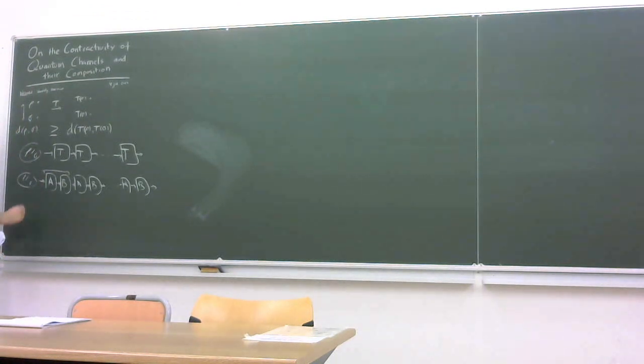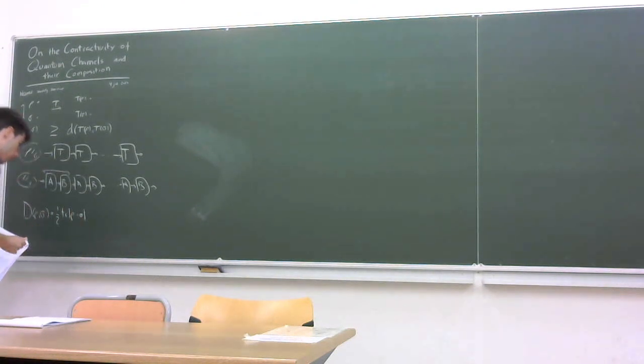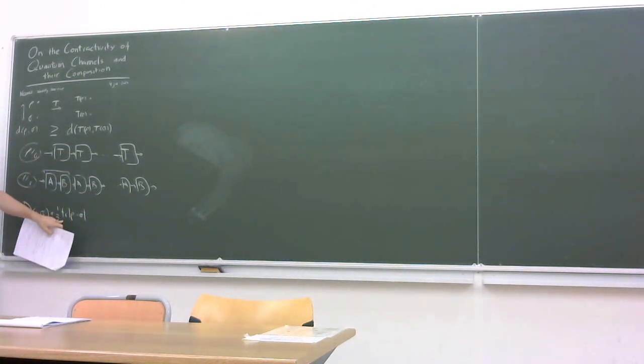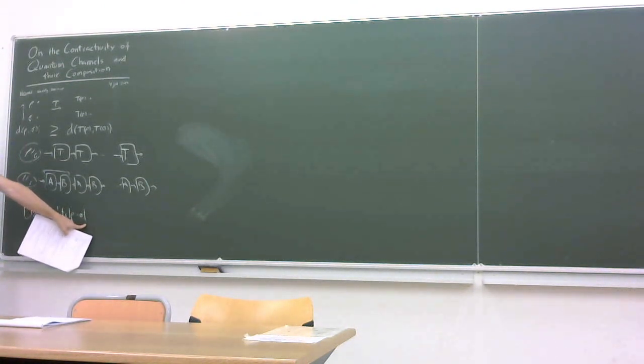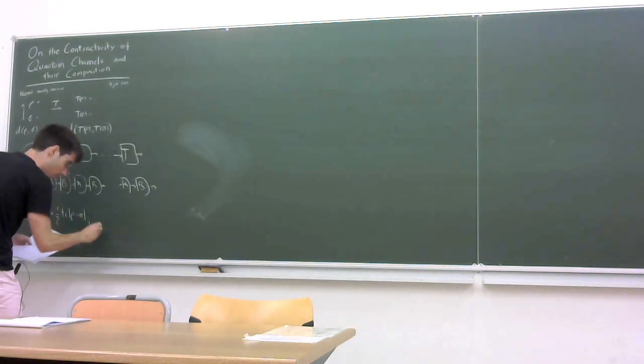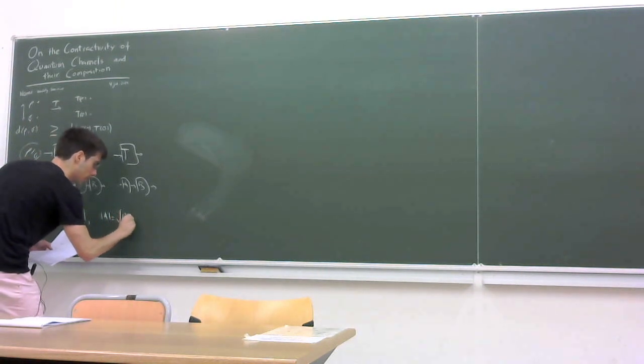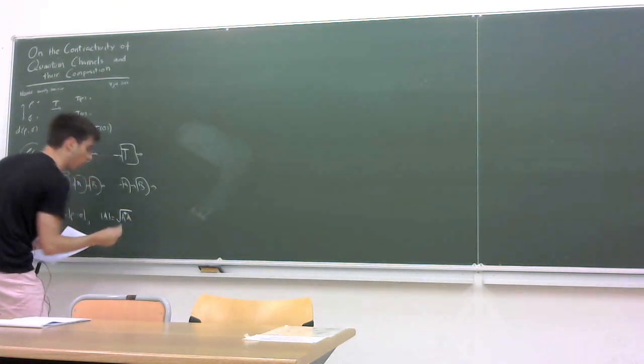So the trace distance between two states is defined in this way, where this is the trace of the absolute value of their difference, where this is not an element-wise absolute value, but this other thing is the positive square root of this.